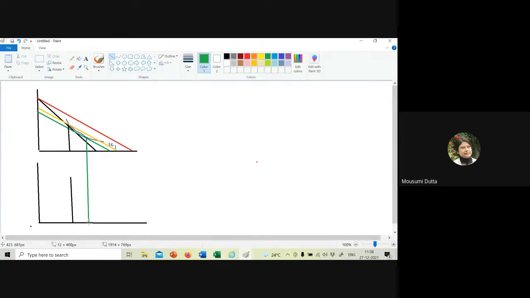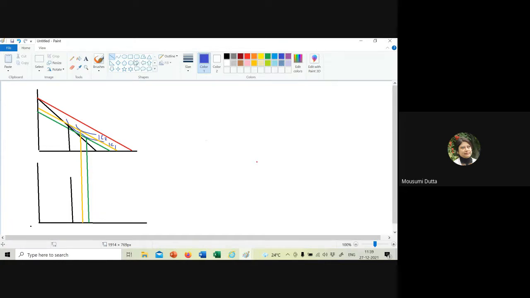Hicks substitution effect. Inferior goods. So we will move to this direction. IC2. This is for Slutsky. Okay.